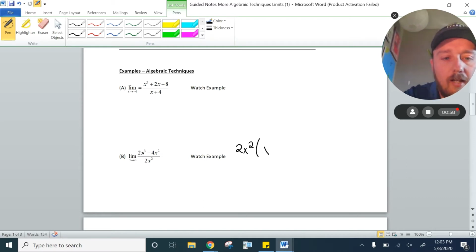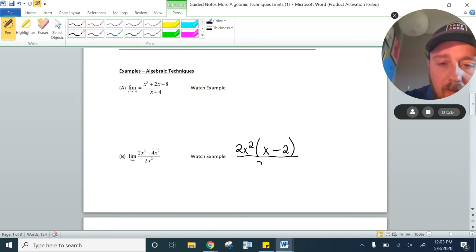So 2x cubed, what gives me 2x cubed? 2x squared times x gives me the first term, minus, what gives me 4x squared from 2x squared? Just minus 2. So that is a way of factoring where I just say 2x squared out gives me that.